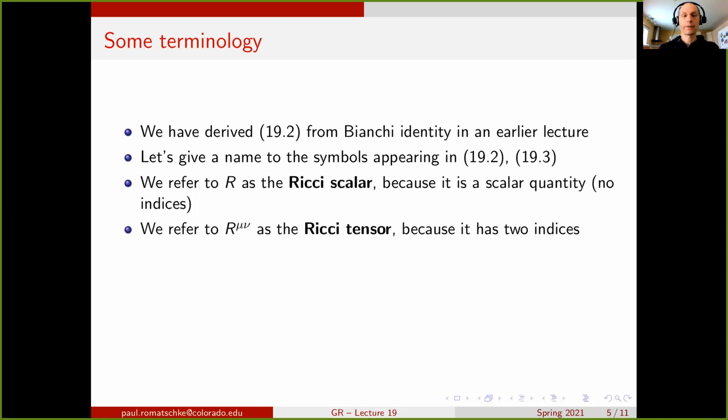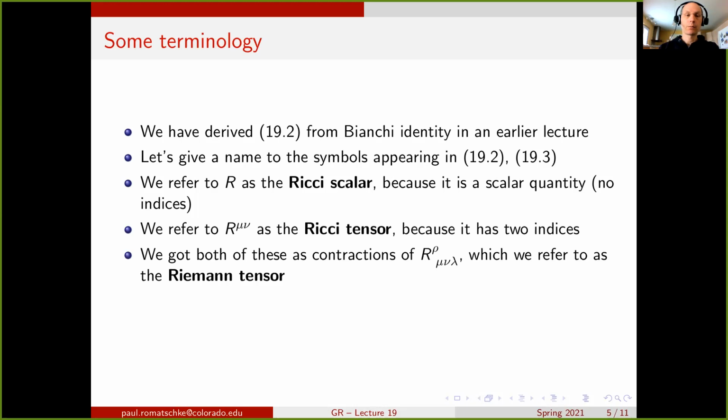Next, the tensor that has two indices, mu and nu, will be known as the Ricci tensor because it's a rank 2 tensor having two indices. We got both of these quantities from contractions of this tensor R^rho_{mu nu lambda}, which was the combination of the two covariant derivatives that were acting on a vector in the last lecture. And this rank 4 tensor we will refer to as the so-called Riemann tensor.